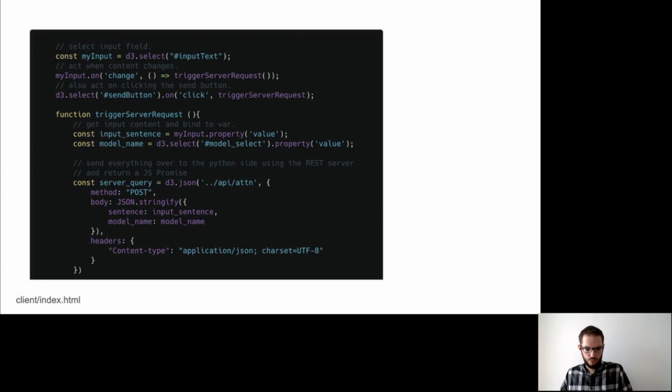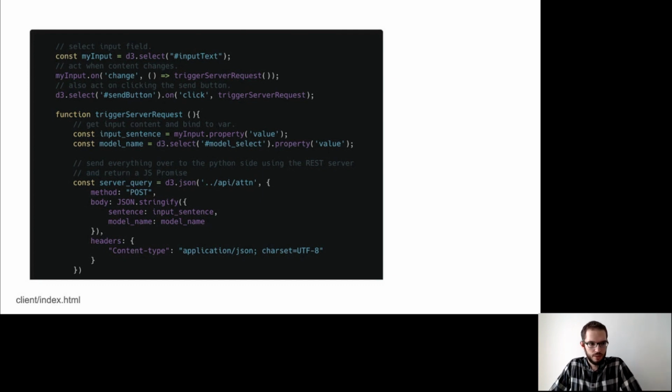And we bind this to an event listener so that whenever it changes, it triggers a server request. Also, we register another event listener, one that acts whenever we click on the button send. The function triggerServerRequest is the one where all the action happens.